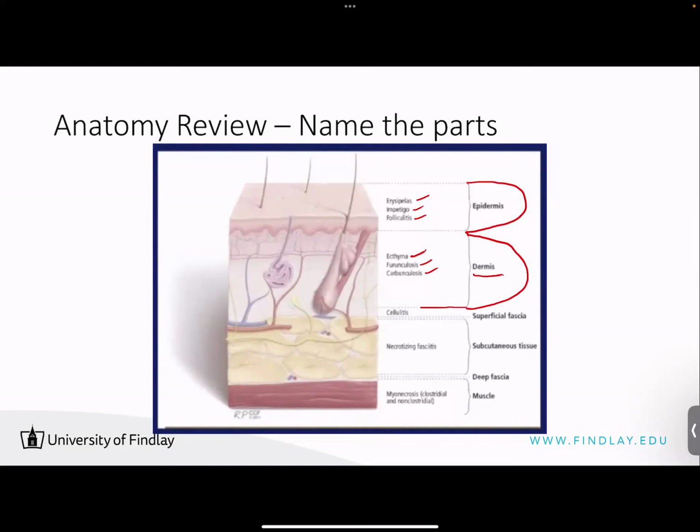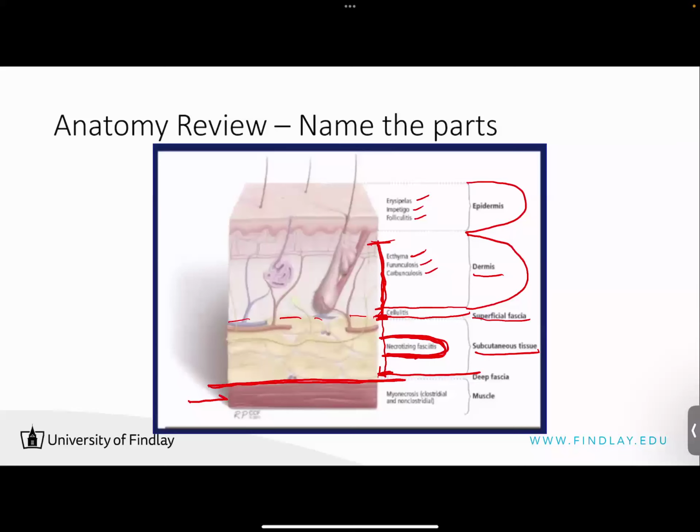And then cellulitis. Cellulitis is kind of interesting because I think cellulitis can occupy any of these spaces here. So cellulitis, largely in the subcutaneous tissue. And we have this sheet called the superficial fascia. And then you have more subcutaneous tissue here. And necrotizing fasciitis tends to crop up on that lower boundary of the subcutaneous tissue, right above the deep fascial layer.